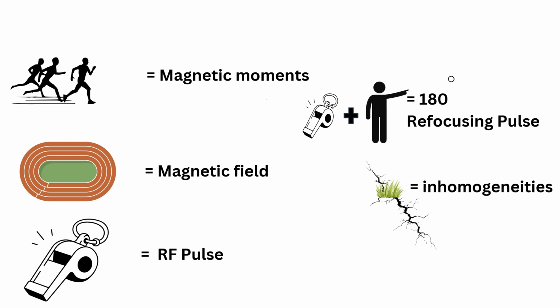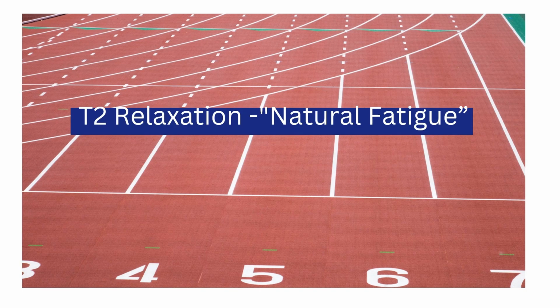Blowing of the first whistle represents the excitation radiofrequency pulse. Blowing of the second whistle plus the coach represents the 180-degree refocusing pulse. The cracks, weeds, and other obstacles represent inhomogeneities.